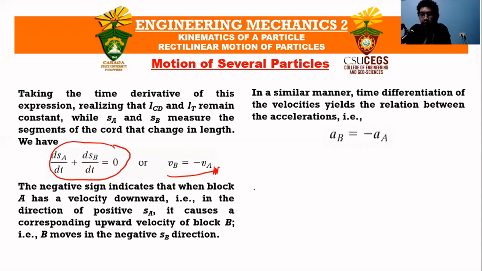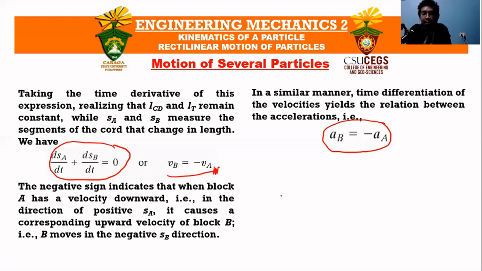In a similar manner, taking the time derivative of the velocities yields the relation between the accelerations. That is, the acceleration of block B is equal to negative acceleration of block A.